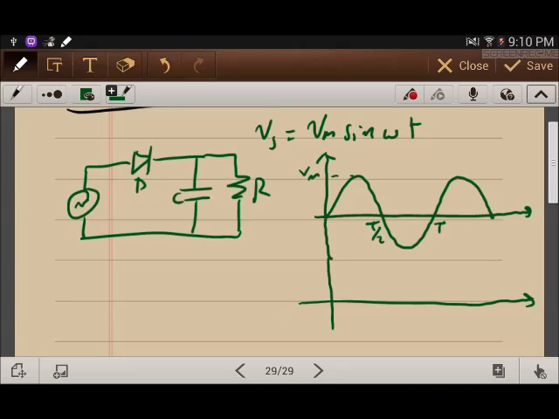So now I will draw the voltage waveform across the load.